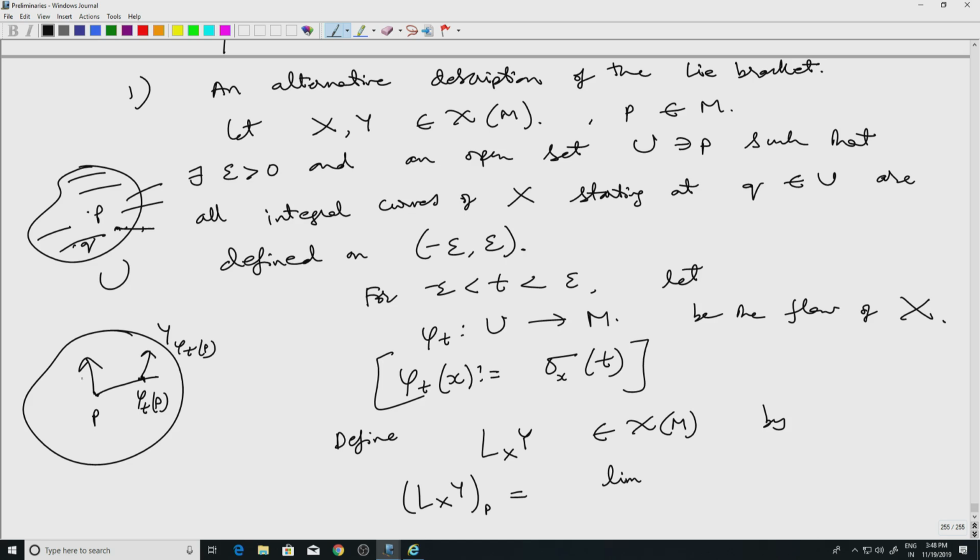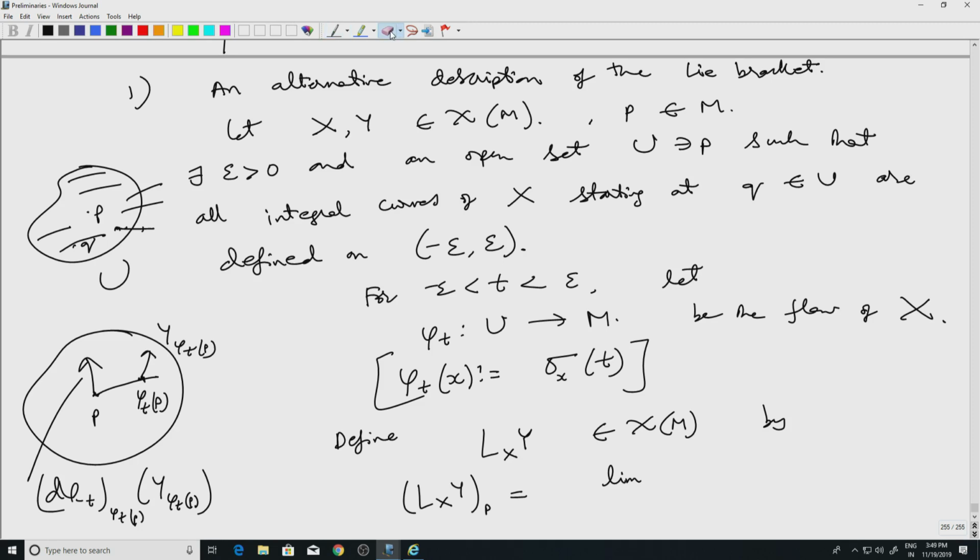So this vector is d phi minus t at the point phi t p of Y at phi t p. So I start with some vector here and use the derivative of the flow to get back a vector at p. Then I can just take the usual difference quotient, the usual derivative basically.